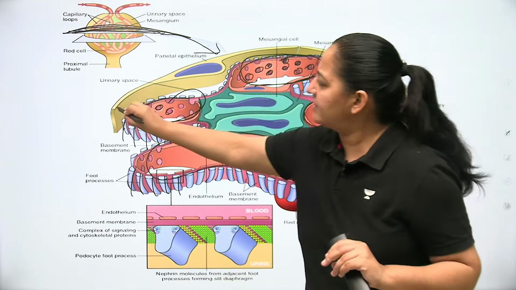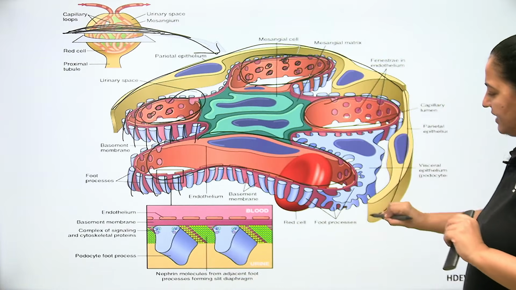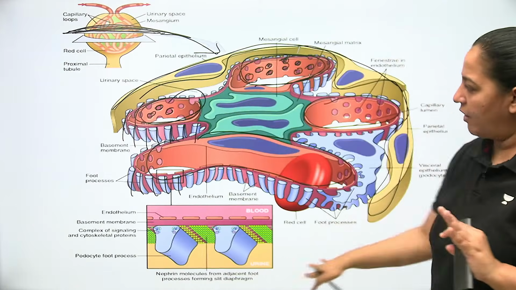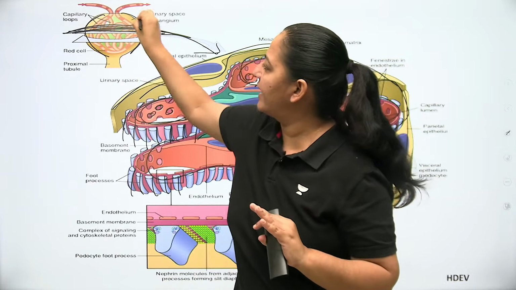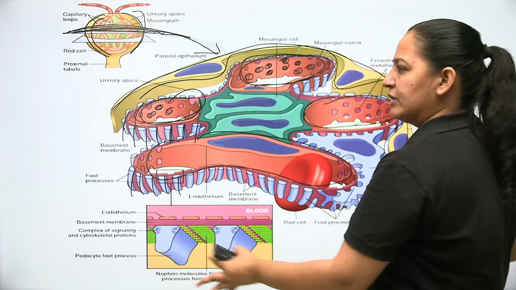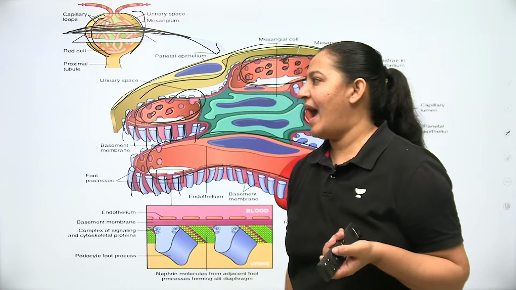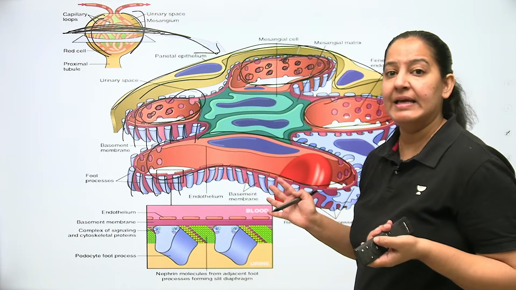Can you tell me what are these yellow color cells? Anyone? You can write in the chat box if you know the answer. The yellow color outer cells which are bounding everything, forming the boundary of the complete thing. Can you tell me? Sachin, Arvind, Sai Lakshmi, Aishwarya, anyone who is watching me live.